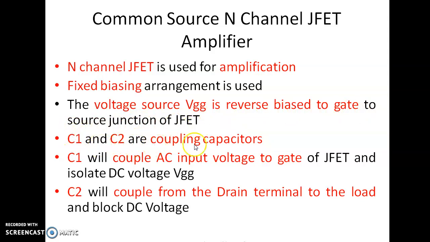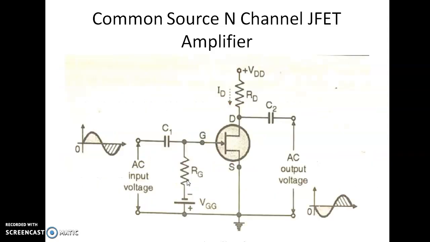C1 and C2 are coupling capacitors. C1 couples the AC input voltage to the gate of the junction field effect transistor and isolates the DC voltage VGG. It is also isolating the DC signal applied to the gate, that is, the negative voltage.